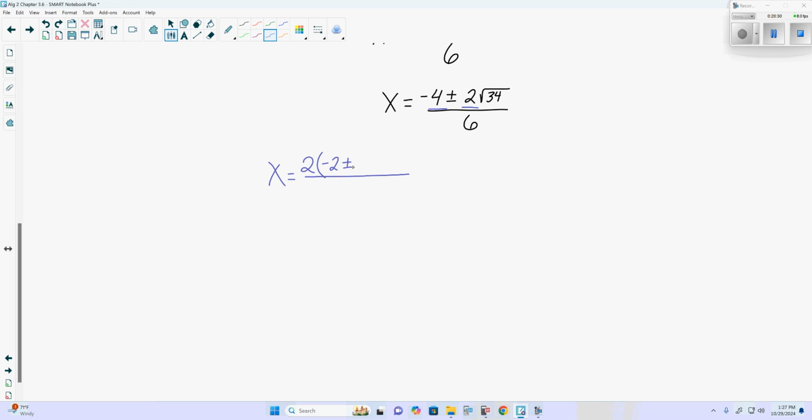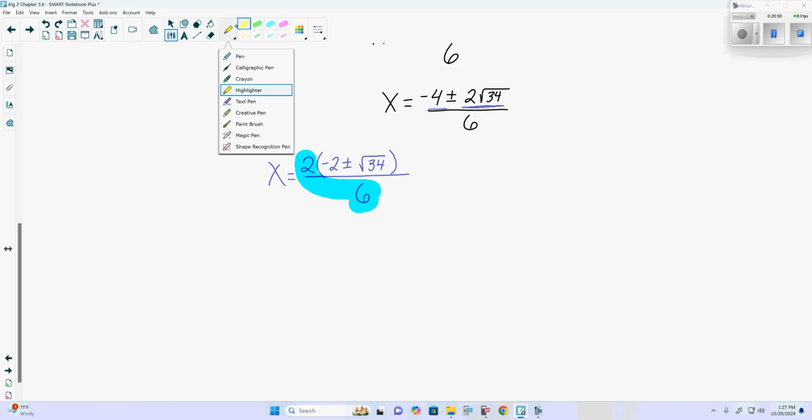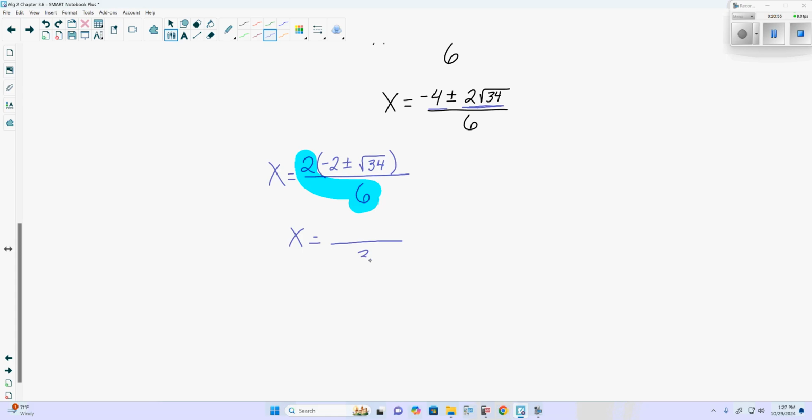If I divide the 2 out of our 2 square root of 34, the 2 factors out completely, leaving us with the square root of 34. And on bottom, we have the 6. Now, because we have it set up this way, we have this 2 over 6, and 2 divided by 6 gives us 1/3, or a denominator of 3, leaving us with -2 plus or minus the square root of 34 over 3.